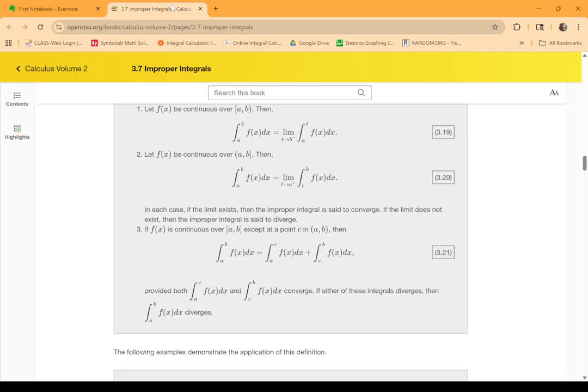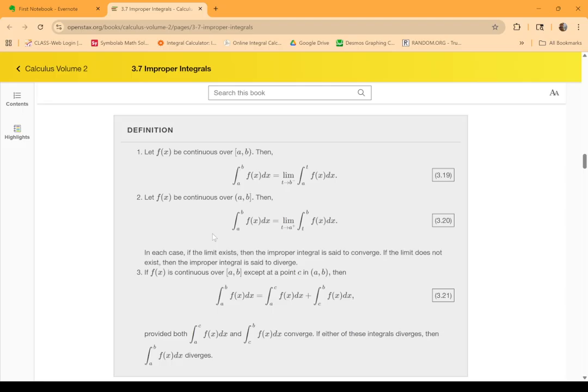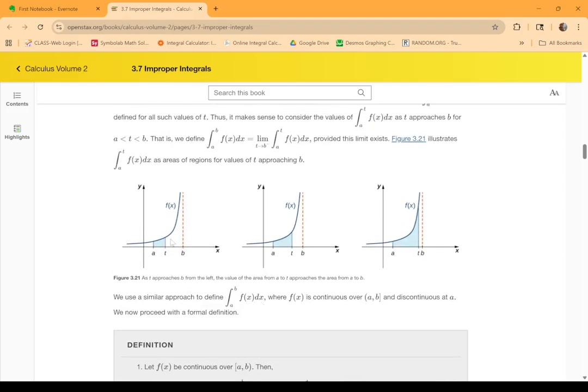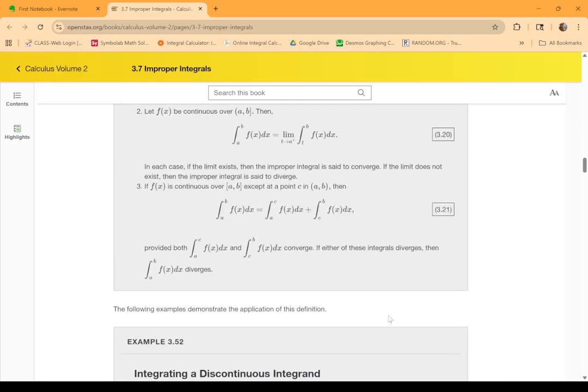For this particular one, we have some kind of discontinuity in one of three places: either at the right endpoint, as we see in our definition here from our book, at the left endpoint, or somewhere in the middle between A and B. So the function is continuous everywhere except the right endpoint, the left endpoint, or somewhere in the middle, where the discontinuity happens.